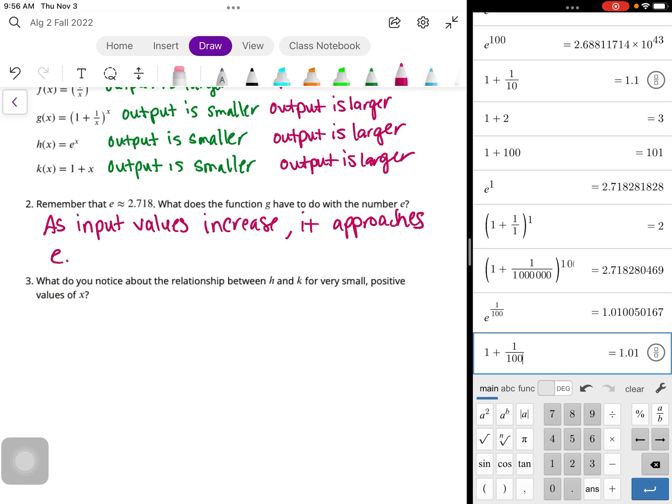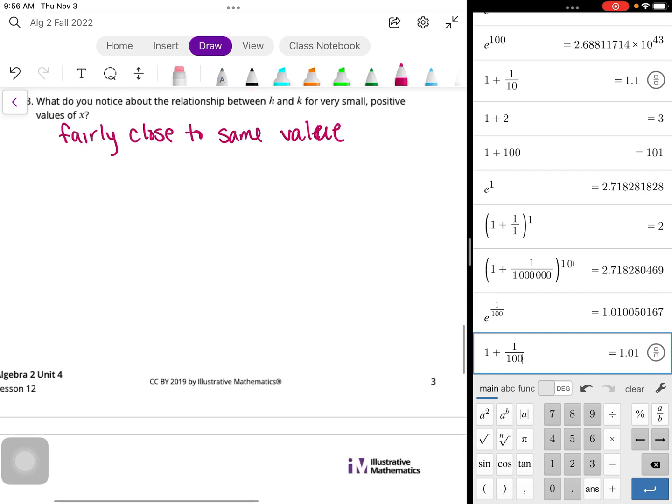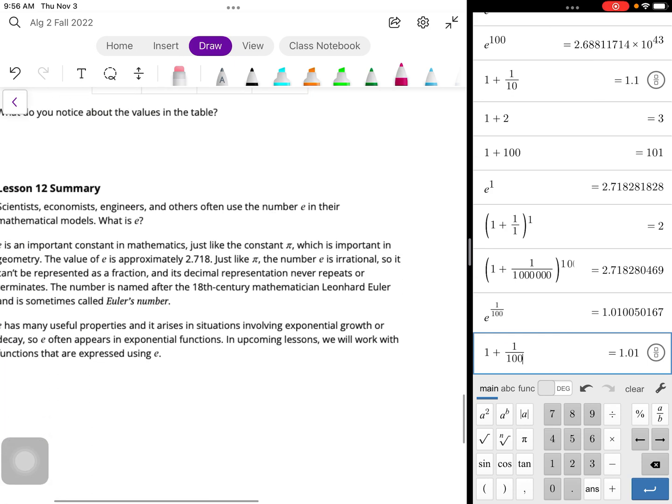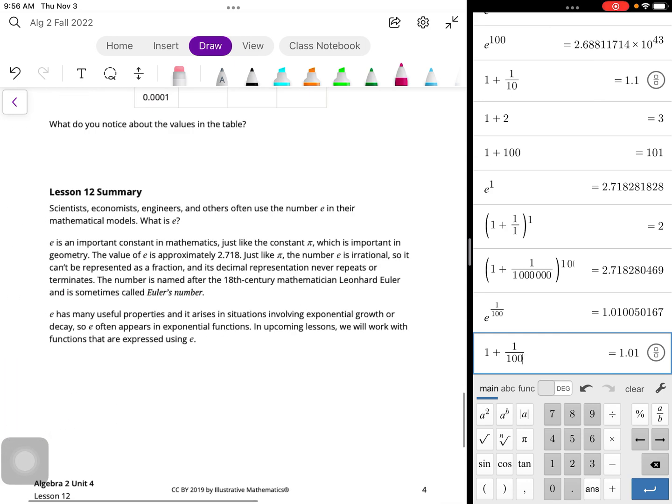But for very small positive values, they're fairly close to the same. All right, so that is the number e. And you can take a look at the summary if you want to read a little bit more. But we will talk in future lessons more about why we use the value of e, why we need that.